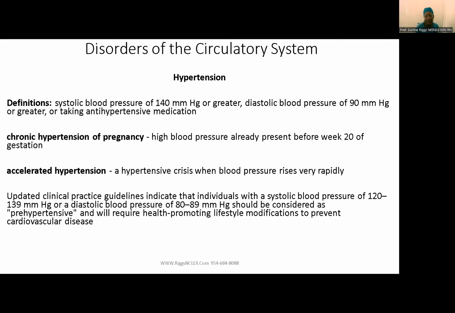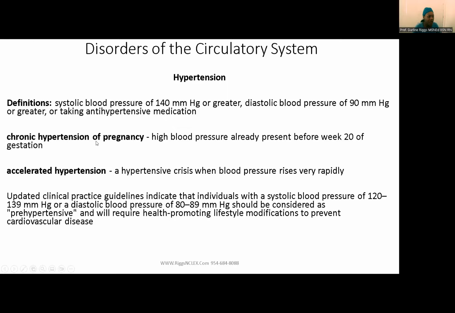So at the beginning phase, we want to do non-pharmacological interventions, meaning no drugs. We want you to change your diet, lose weight, add regular exercise. Yes, that's all true. We do want all of that. But once you're over 140 and over 90, then yes, we need some antihypertensives, okay?